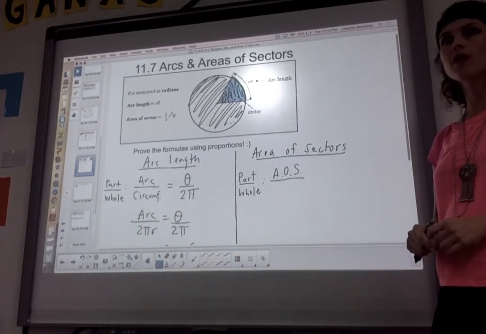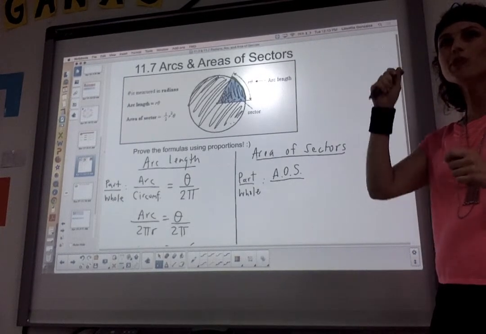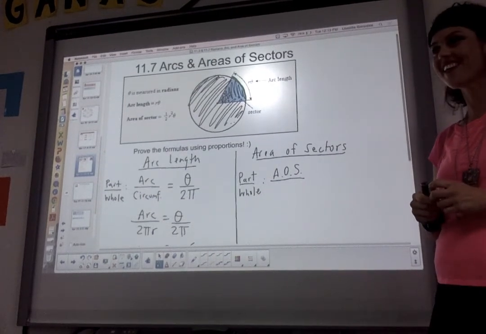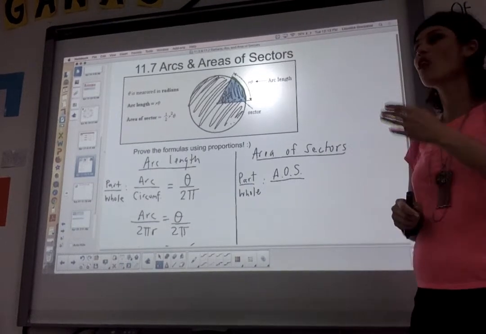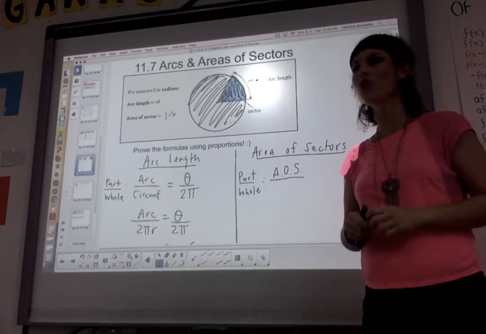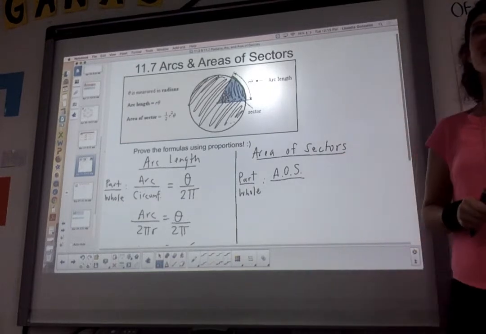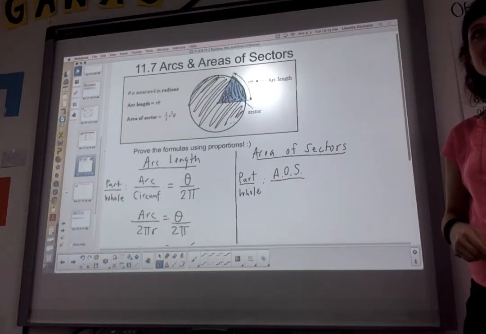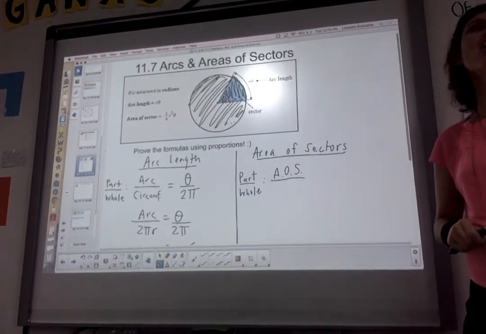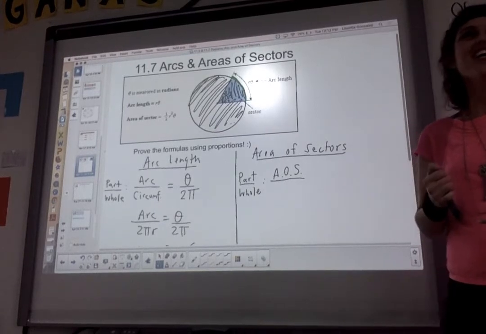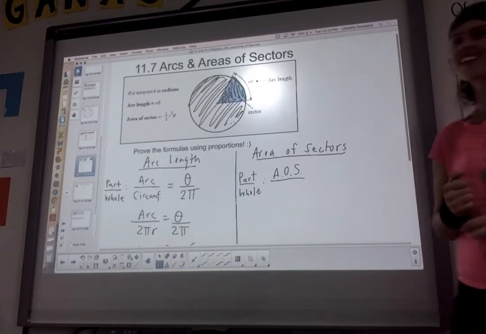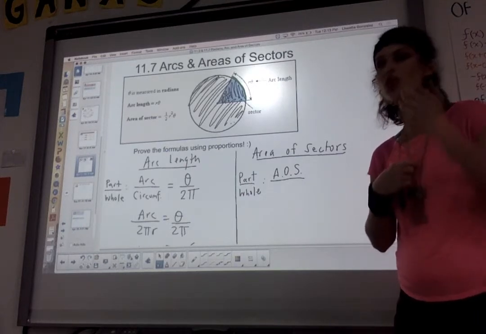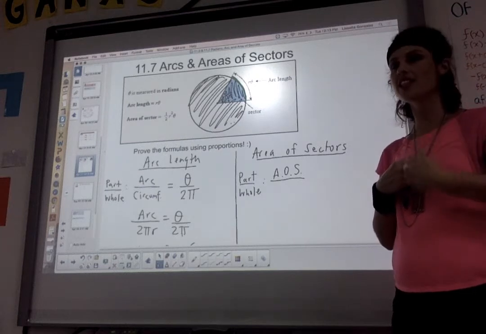Pi r squared. No, they're not. They're round. You're waiting for a reaction to the joke. People don't get it. He just got it. Okay, let's try the joke again. What's the area of a circle? Pi r squared. Badum. It's round. You didn't finish the joke. I ask, what is the area of a circle? And you say pi r squared, and then I say, no, they're not, they're round.